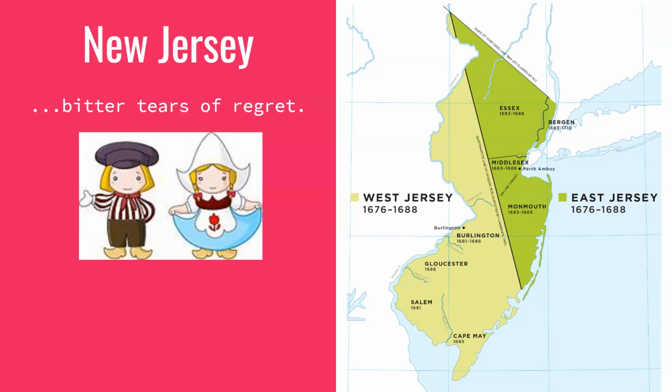Eventually, over time, you can see it's 1688, these two are going to merge into New Jersey. But just so you know, originally they were given as gifts to two of the friends of the Duke of York. I'm not going to make you remember the names of the guys who controlled each part of New Jersey, but understand it was a gift from the Duke of York to two of his friends.